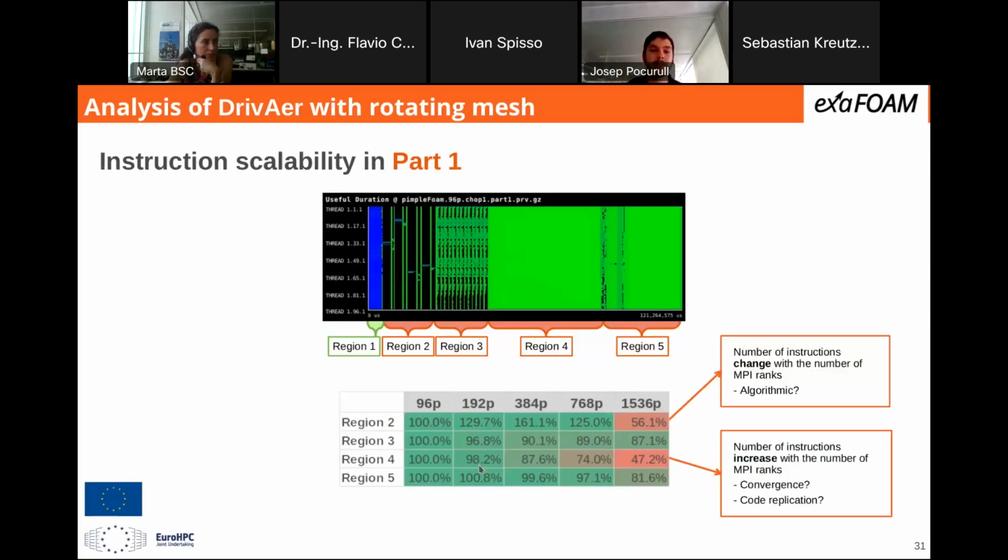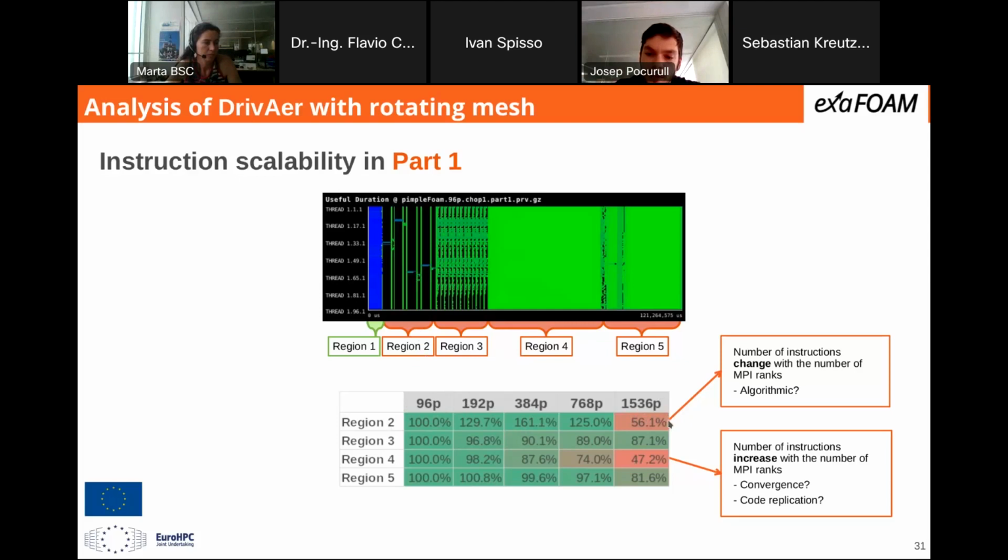In this metric, we got the different regions and counted the amount of instructions executed in the different numbers of ranks, and we saw that the problematic regions were region 2 and region 4.